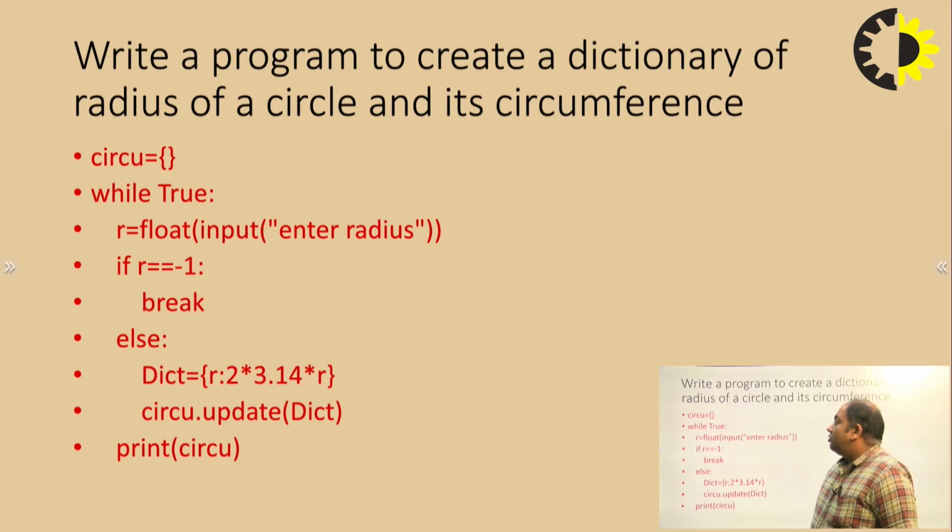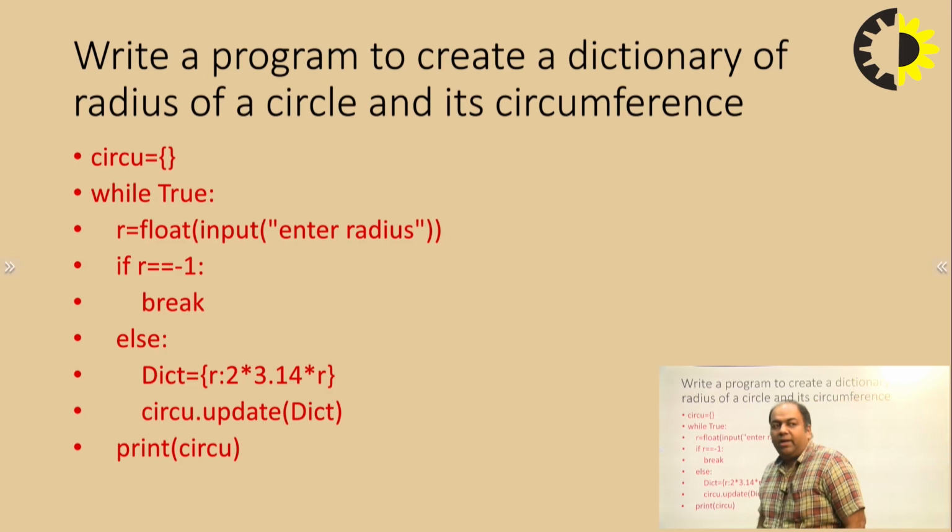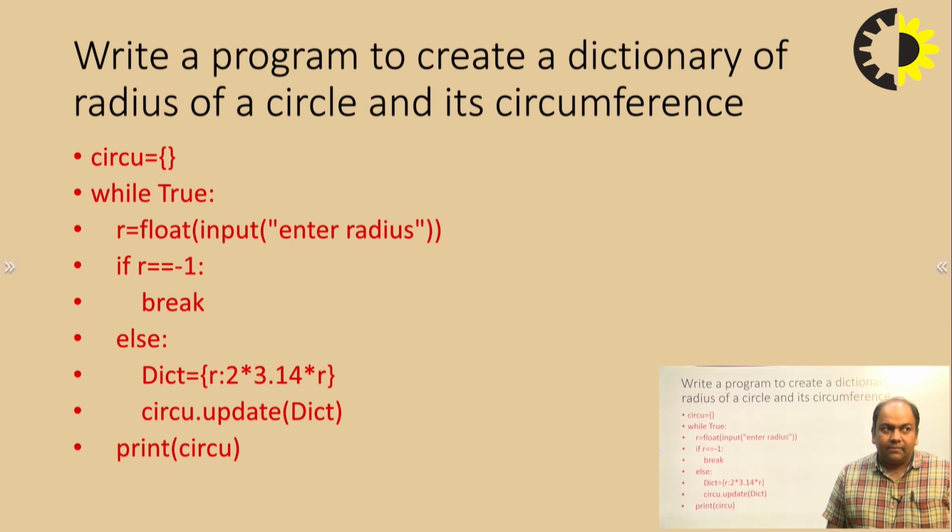Now I will discuss some examples in which, while using a dictionary, we try to find out something. The first example is to find the radius of a circle and its circumference using a dictionary. We defined a variable r in which we input our radius. If radius is -1, then we get out of the loop, else we find the circumference of the circle.